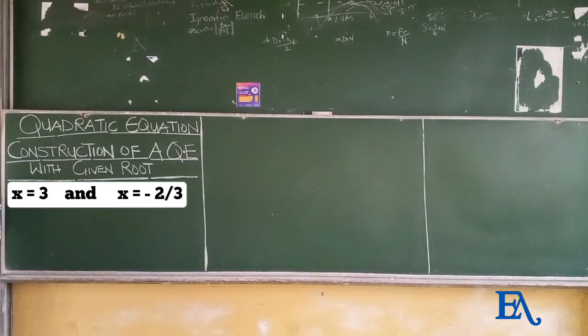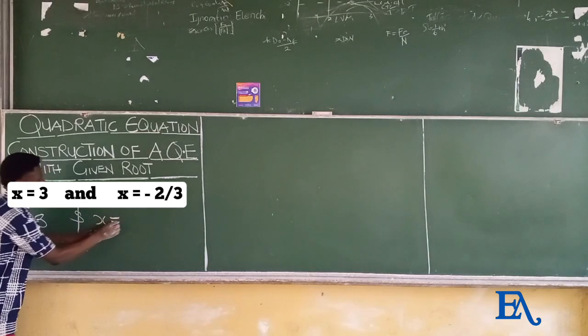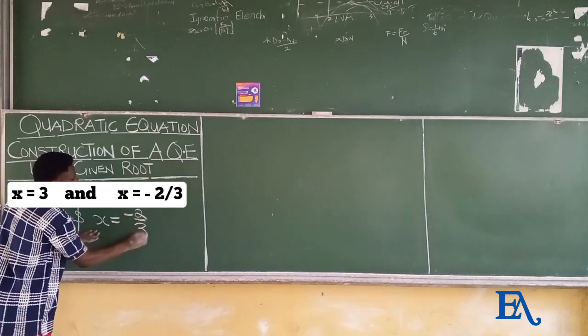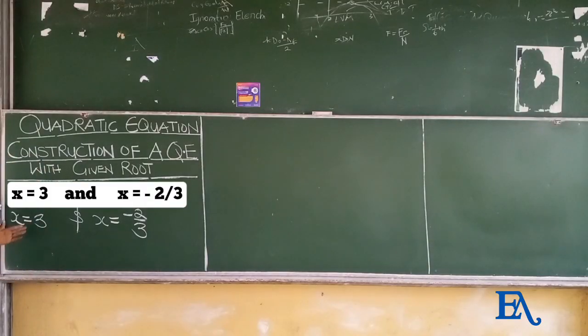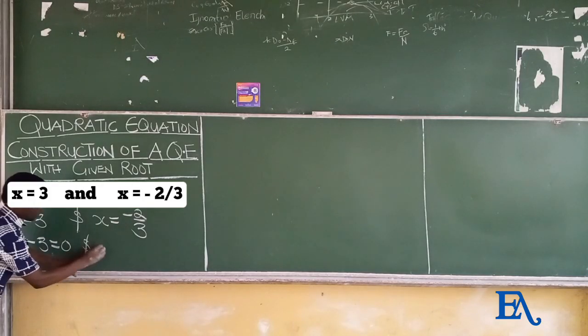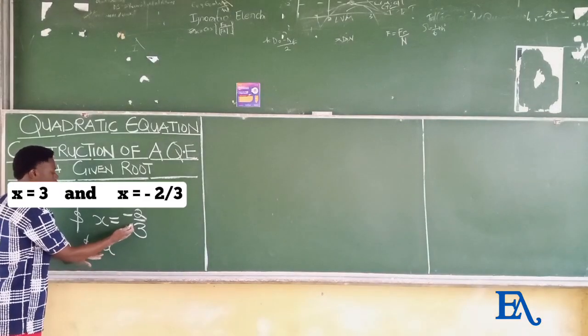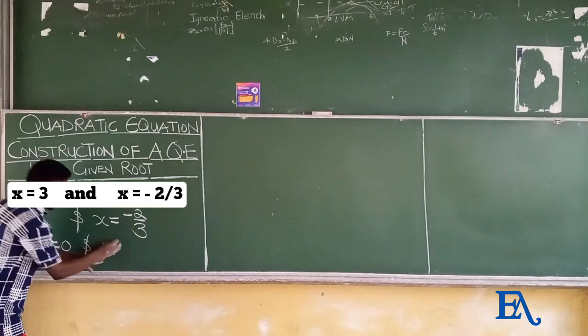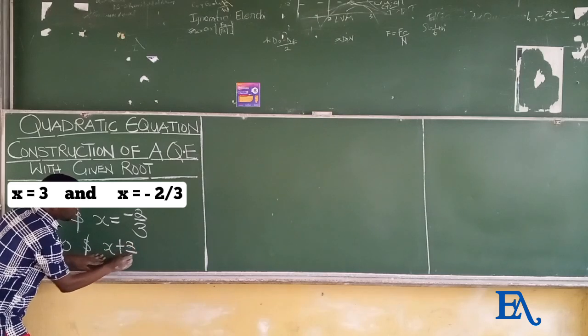Alright, using the first approach, x is equal to 3 and x is equal to minus 2 over 3. First step is to bring the constant term over to the left hand side and equate this to 0. So we have x, when this crosses over, it becomes minus 3 is equal to 0, and x, when minus 2 over 3 crosses over, the negative sign becomes plus 2 over 3.